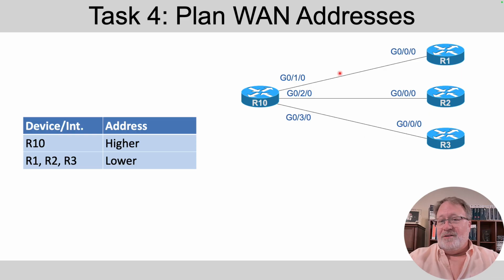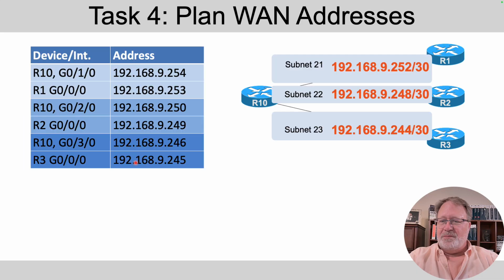So if we look at, for instance, R10 to R1, we just need an IP address on the opposite ends, so only 2 addresses. Our rules for this exercise were to give R10 the higher address in the subnet and the other router the lower IP address in the subnet. So knowing all that, it should be straightforward to pick the addresses.